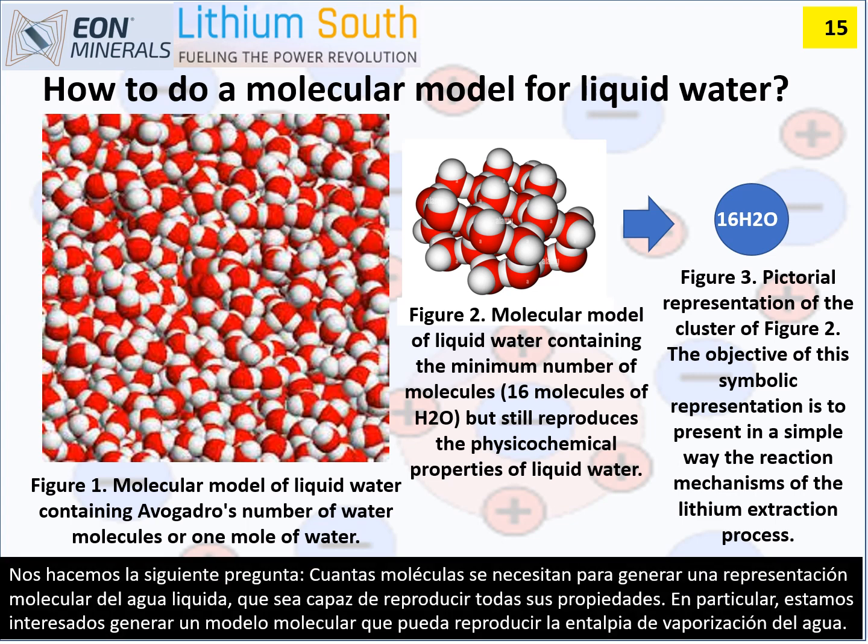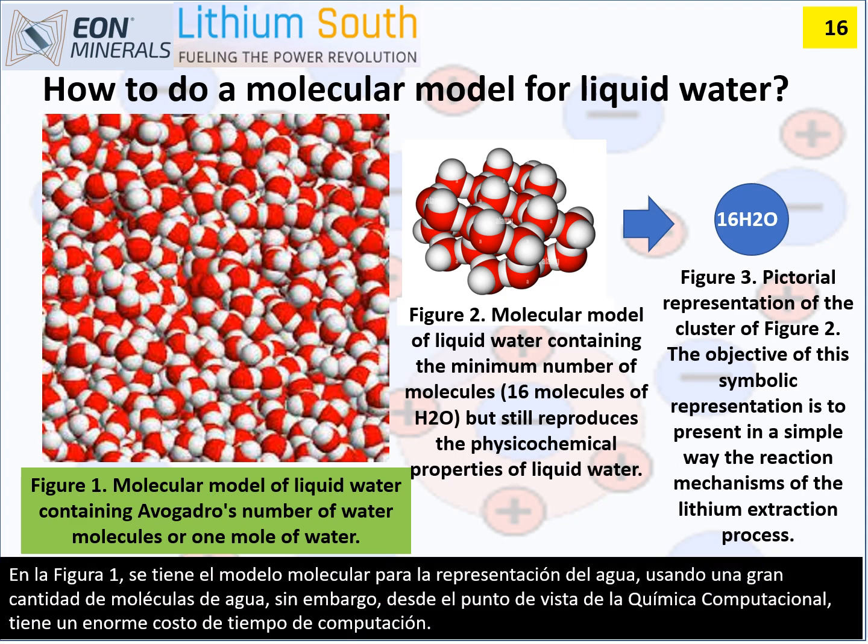We ask the following question: how many molecules are needed to generate a molecular representation of liquid water, capable of reproducing all its properties? In particular, we are interested in generating a molecular model that can reproduce the enthalpy of evaporation of water.